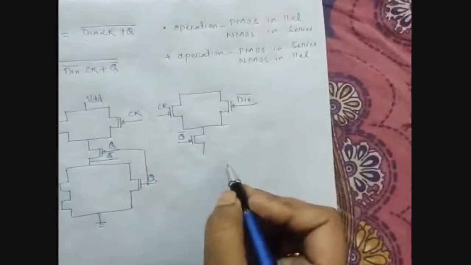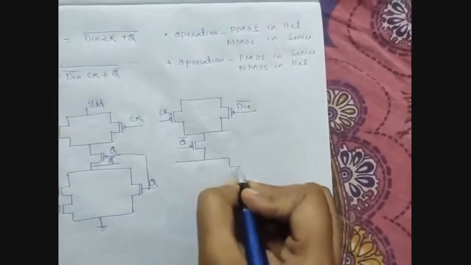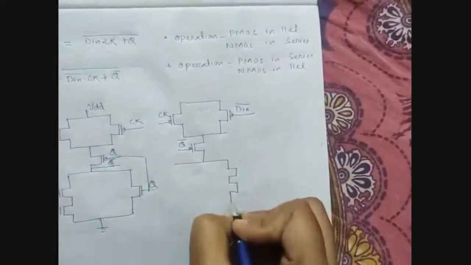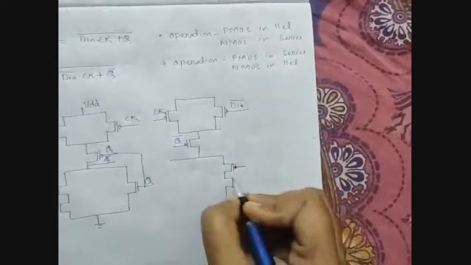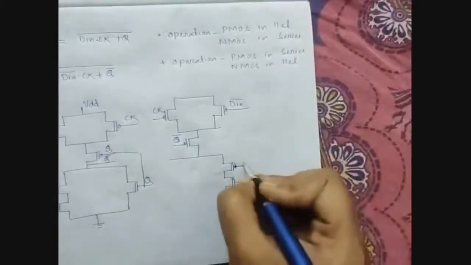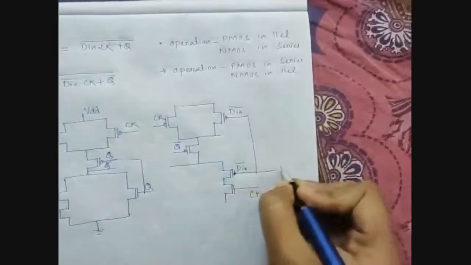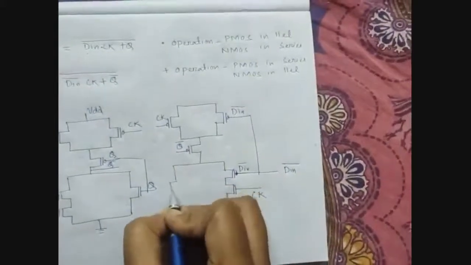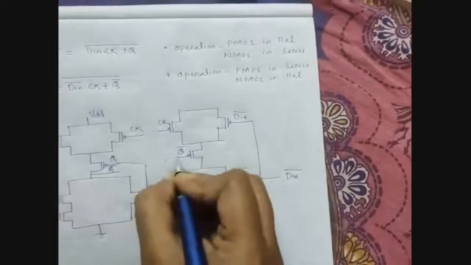Then in the lower part we connect the NMOS: D in bar and CK are connected in series. This one is CK, this one is D in complement, and here we connect Q bar.